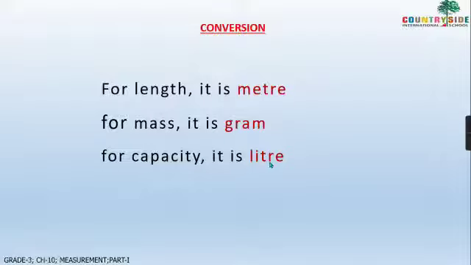This was just the introduction part of chapter 10, measurement. On the basis of meter, gram and liter we are going to measure, and we are going to do the sums on the basis of these conversions. These conversions are very, very important.